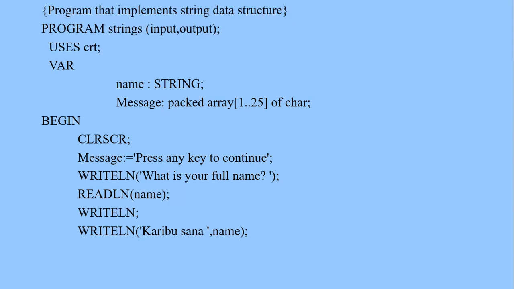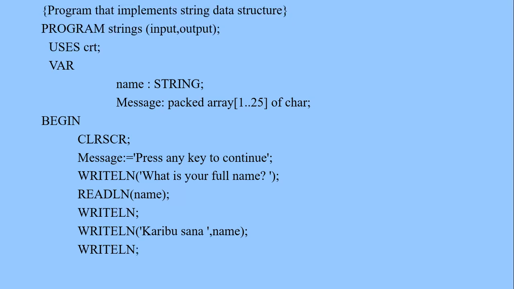In other words, the write line statement will display on the screen Karibu Sana, followed by whatever was stored in the memory location called name, and the cursor will be taken to the next line. In other words, the reading or writing will now be taking place on the next line.